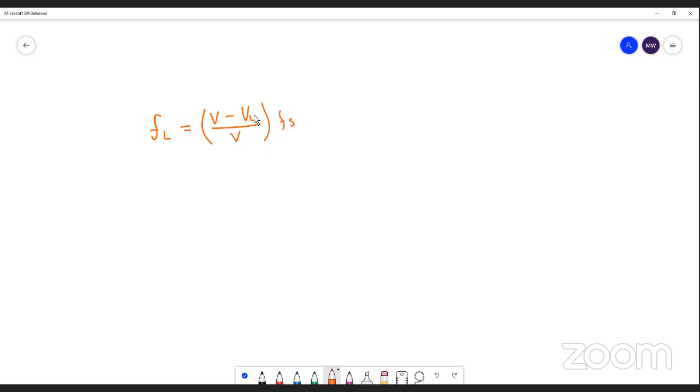If you have this scenario where you are subtracting the speed of your listener, it means that you are running away. And how do we know that? In this case, your numerator is going to be less than your denominator. So it means you're going to have a value less than 1, inside of your brackets.